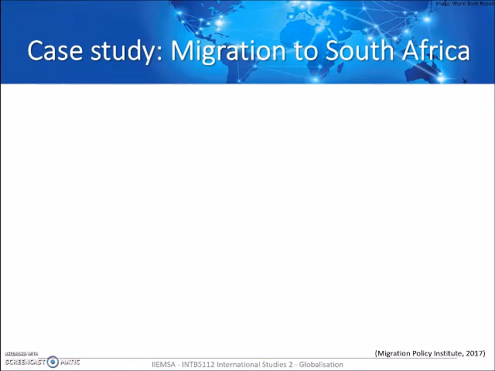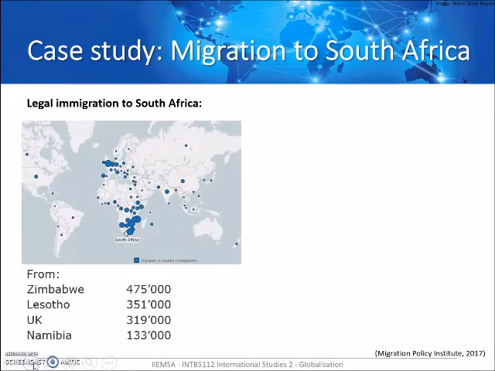Now, another important case study is the migration to South Africa. Not only because we're based here, but also because South Africa is one of the countries that receives a lot of migrants, particularly on the African continent. It's one of the countries that receives the most migration, particularly from all the southern neighboring countries. These are statistics on legal immigration to South Africa from the Migration Policy Institute from 2017.